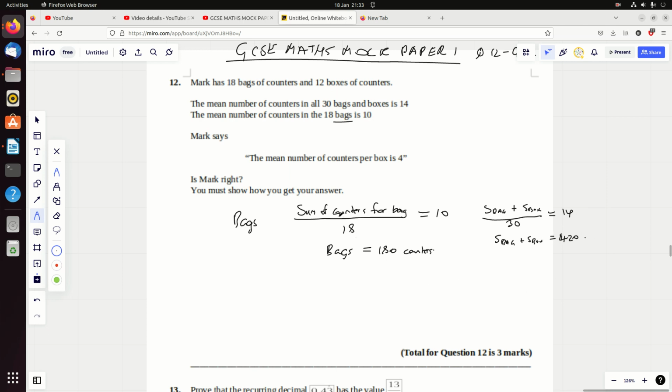We already know the sum of the counters in the bags is 180, so the sum in the boxes is 420 minus 180, which is 240. If you divide that by how many boxes there are, 12, 240 divided by 12 is, of course, 20. And so, no, he's wrong. It's 20.